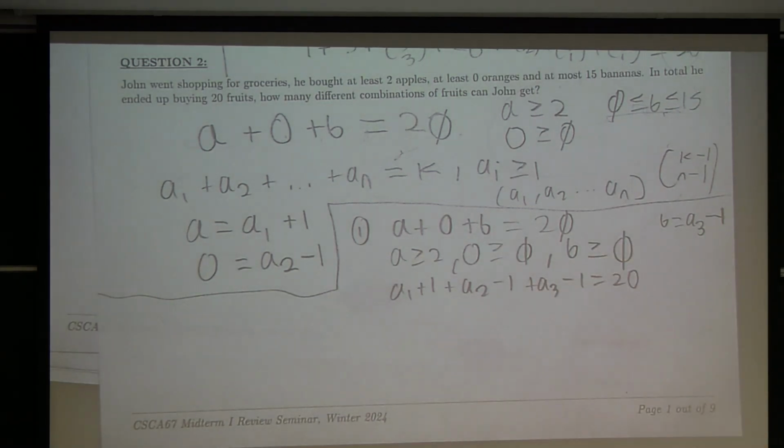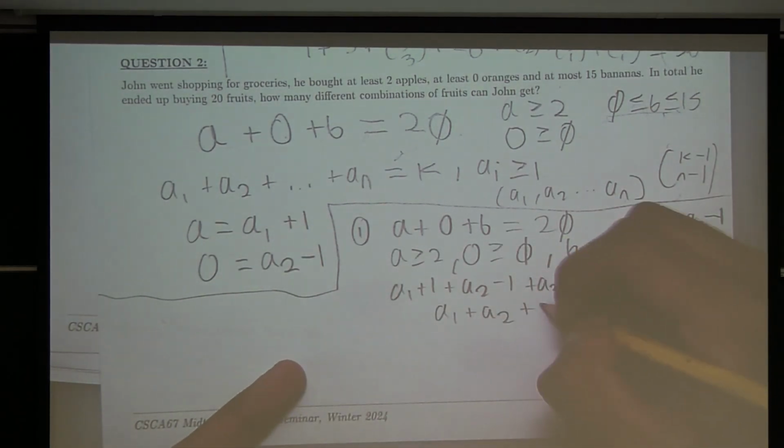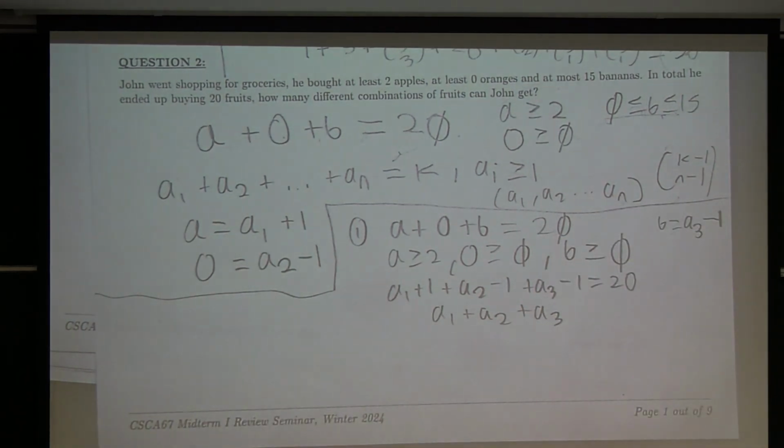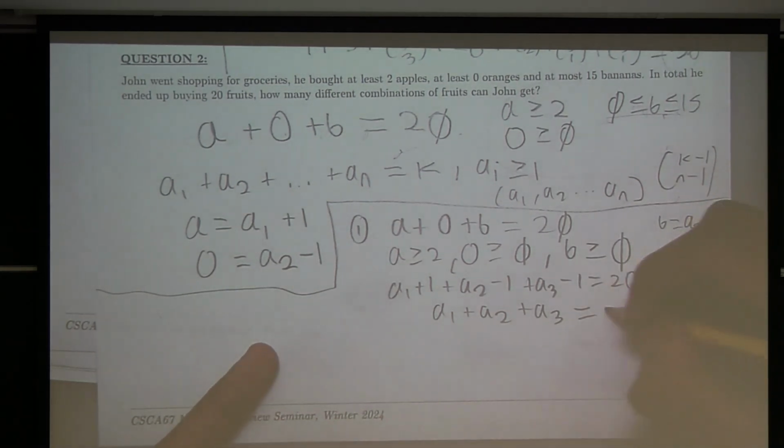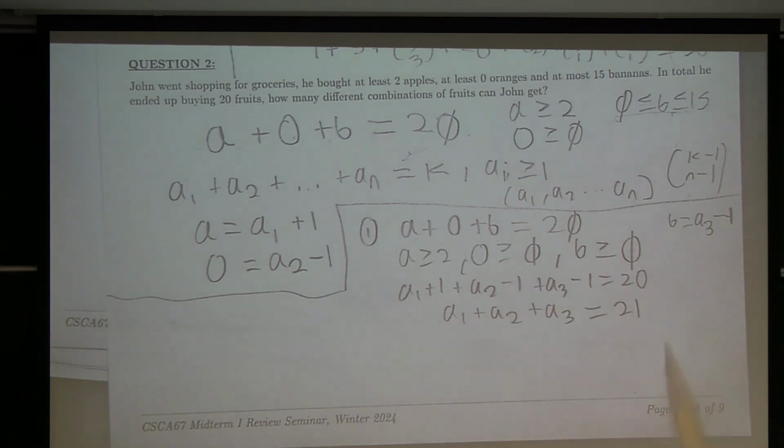So in the end, when you isolate for the variables, you would have a1 plus a2 plus a3 is equivalent to 21. And we defined our ai to be greater than or equal to 1. So can anyone tell me how many integer solutions are here when ai is greater than or equal to 1? a1 plus a2 plus a3 equals 21, and each a1, a2, and a3 are greater than or equal to 1.